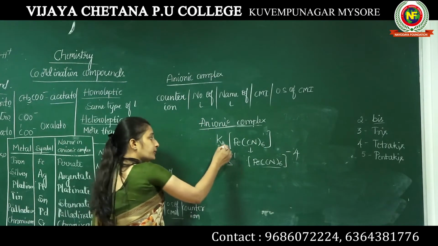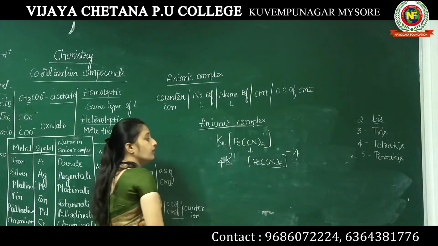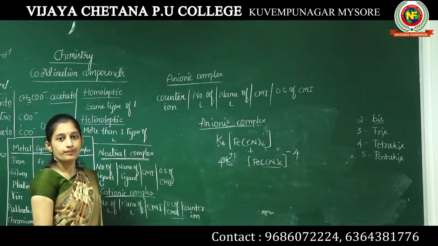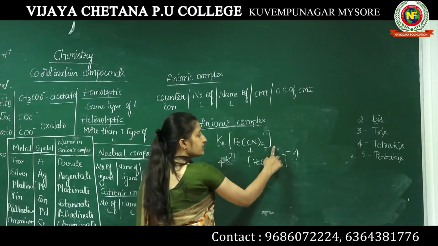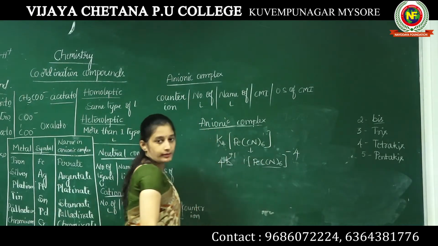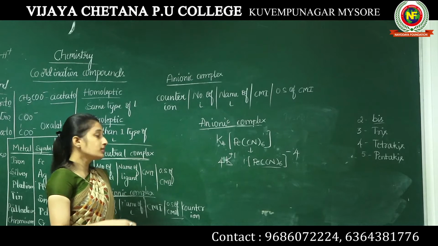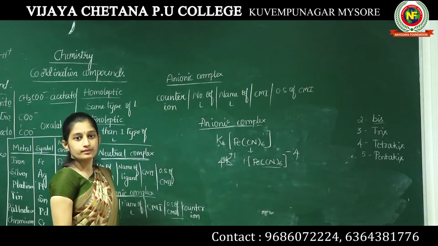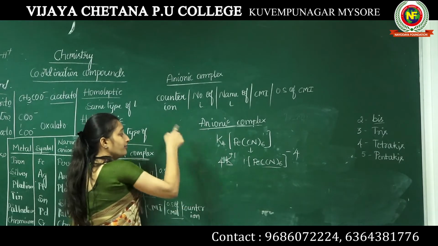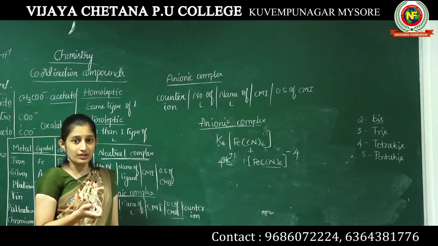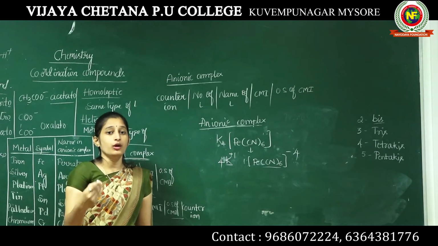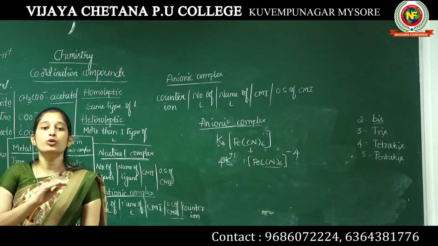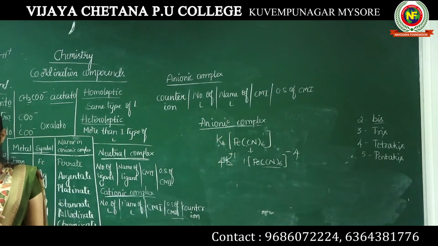How many times are potassiums there? Four times, so 4K plus, and this one is one time. Then which rule do we apply? The anionic complex rule. First the counter ion. Which one is the counter ion? Potassium. If I write tetrapotassium, it's wrong. Why? They didn't ask how many counter ions there are. We are not supposed to write like that.